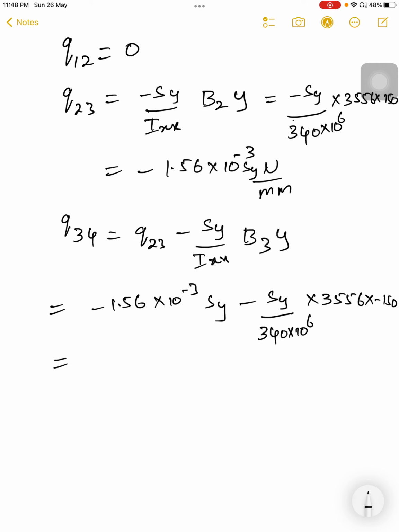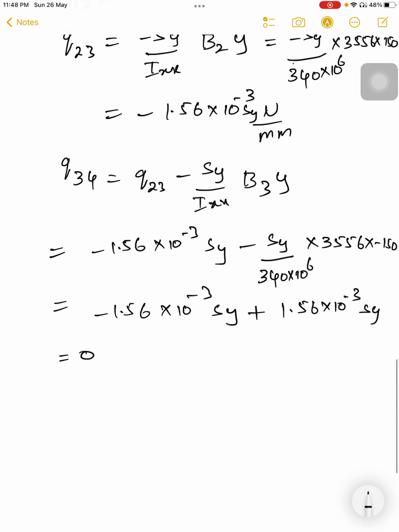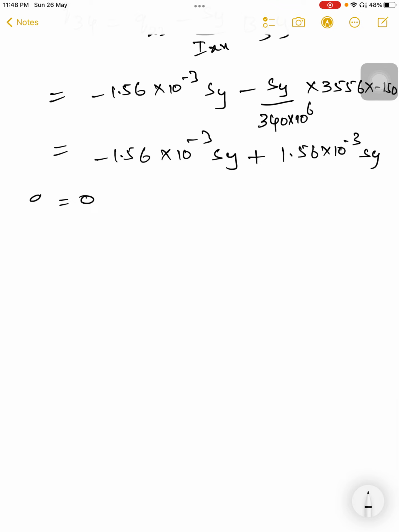So it will be minus 1.56 into 10 power minus 3 Sy plus 1.56 into 10 power minus 3 Sy. So it will be equal to 0, that is Q34 equal to 0.